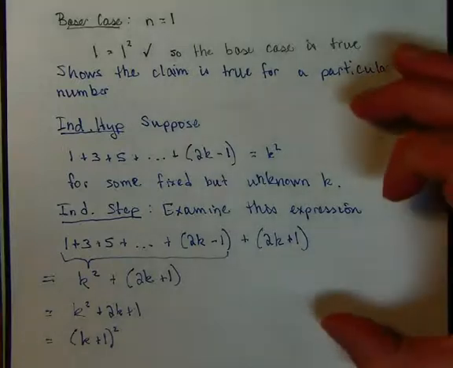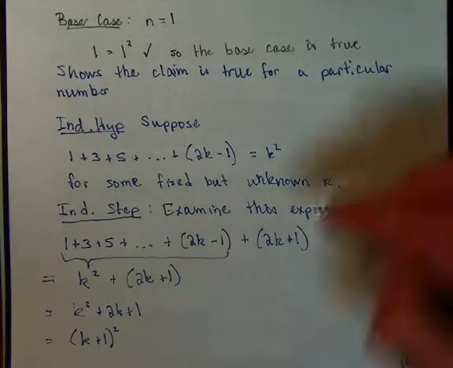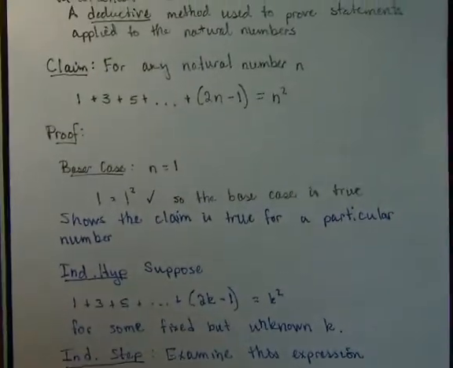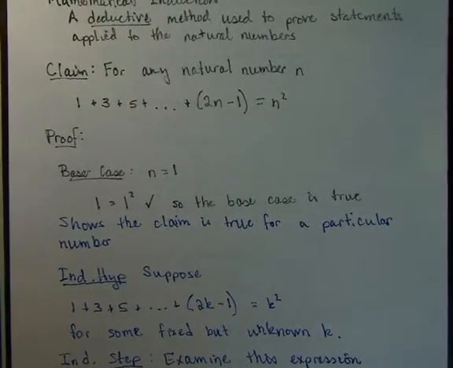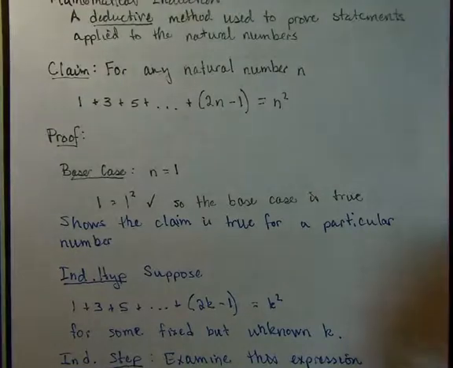So this technique allows us to prove that our original claim will hold no matter what value of n we want to use. It's a very neat method for proving claims about natural numbers, the technique of mathematical induction.